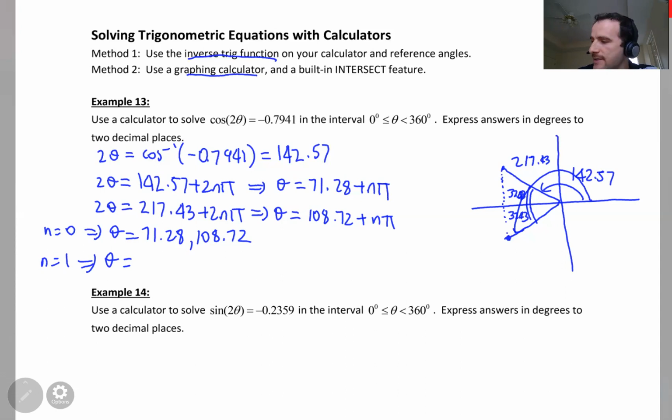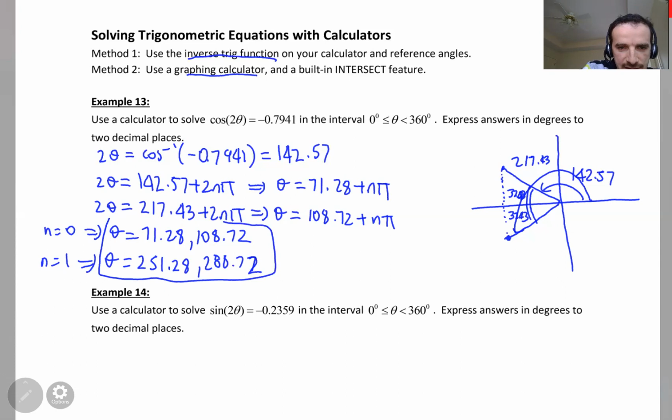If I sum them up, I get 251.28, and from the second case, I get 288.72. All right, so we got 4 solutions that make this equation true.